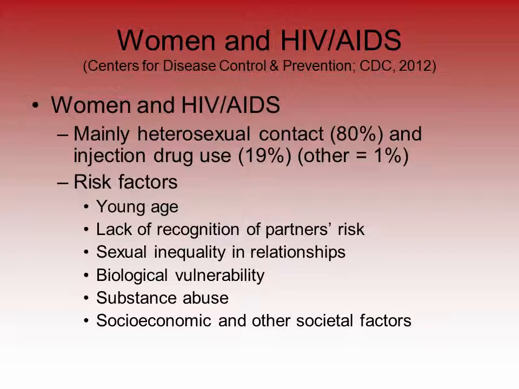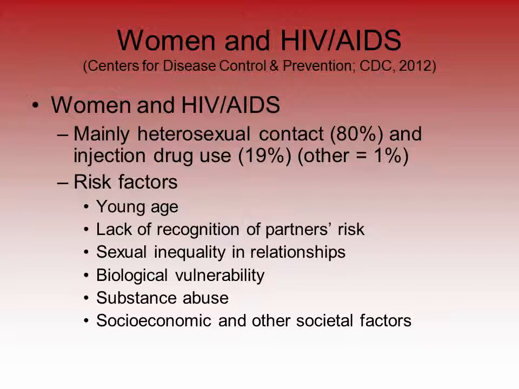As far as substance abuse, an estimated 1 out of 5 new HIV diagnoses are related to either injection drug use or being under the influence of drugs or alcohol, because that lowers inhibition and decreases the likelihood of using condoms.